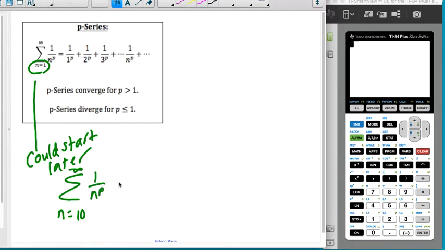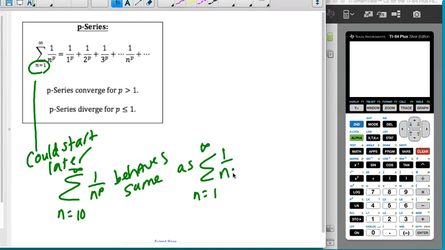So this behaves the same as the sum from n is 1 to infinity of that same series, because the first 9 terms don't make a difference in whether this is finite or infinite. Those first 9 terms are finite by default. So those 9 finite terms, or however many you ended up, if you started at n is 50, doesn't matter. Those finite terms at the beginning don't make a difference in whether the series converges or diverges.